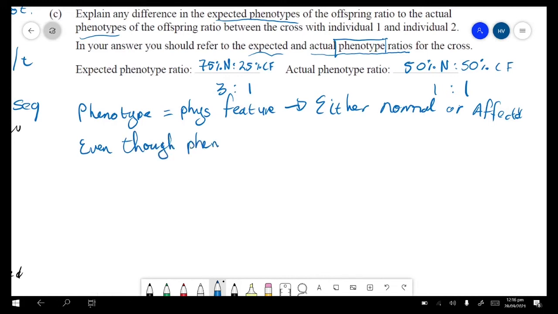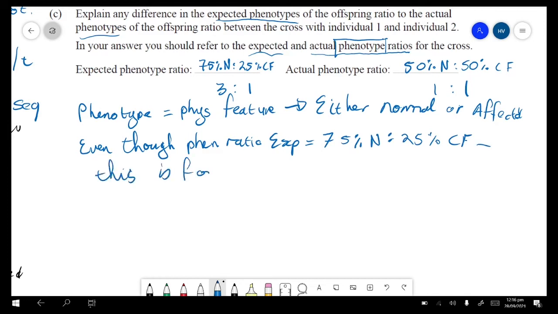Okay, and so let me say, even though the phenotype ratio expected is 75% normal to 25% CF, this is for every fertilization, and does not refer to all offspring or combined offspring.